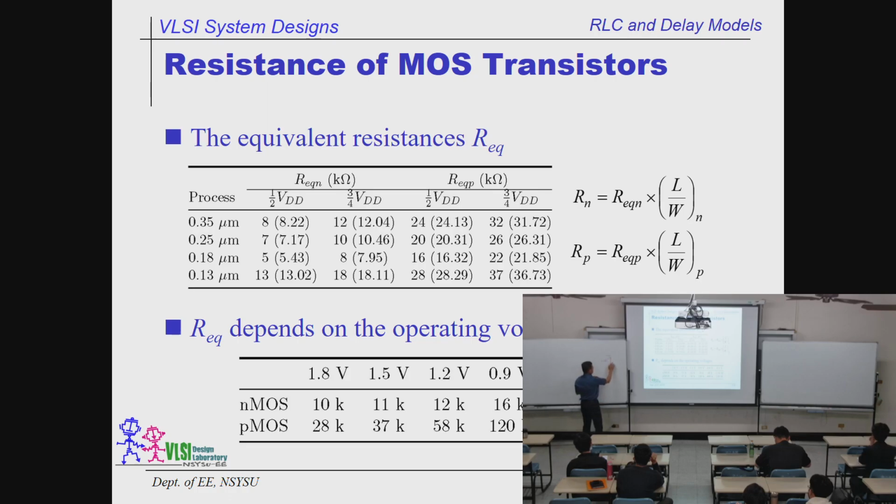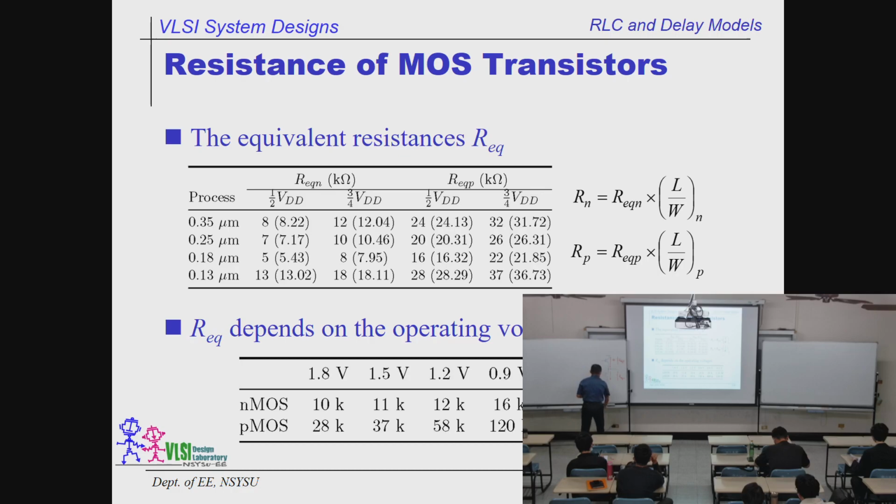So we have an equivalent resistance, which is called REQP. And this one, similarly, will have REQN. That is the equivalent MOS transistor resistance.